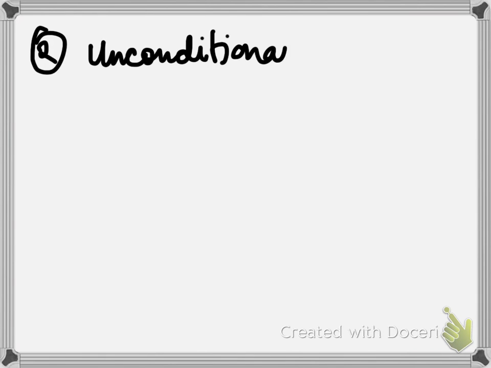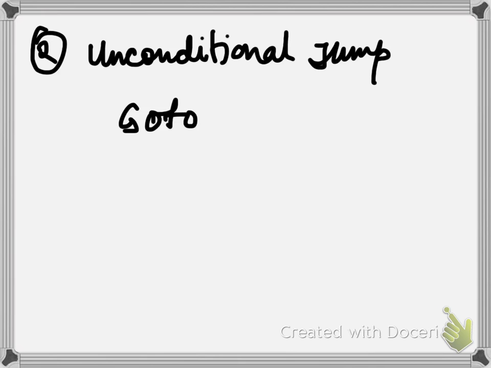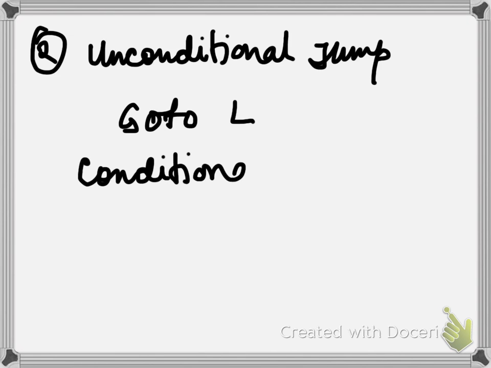Then you have unconditional jumps. An unconditional jump is represented using goto. So say goto L. This means go to the three address statement with the label L. Or you can also have a conditional jump.